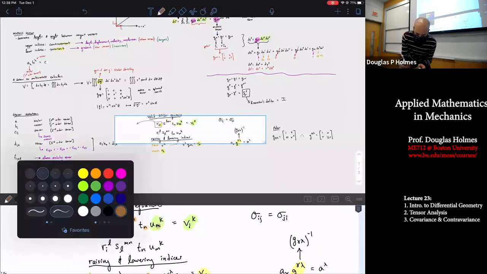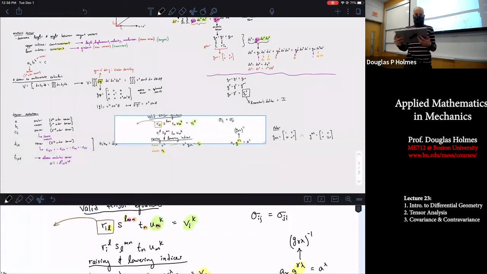So let's take our R_IL, and let's change it to a mixed tensor.